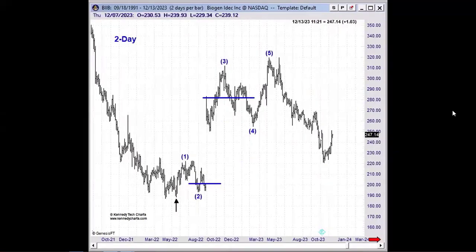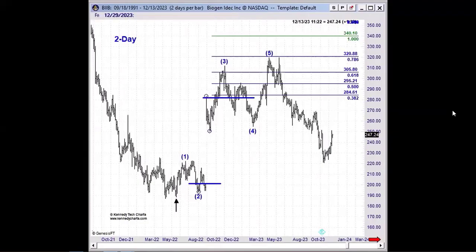For example, if we use the totality of waves 1 through 3 to identify an objective for wave 5 of 3, right there you can see where wave 5 of 3 equals a 0.618 multiple of waves 1 through 3 of 3. So that gave you a nice objective of 305.8.